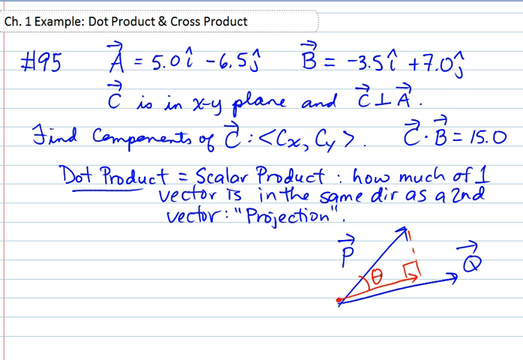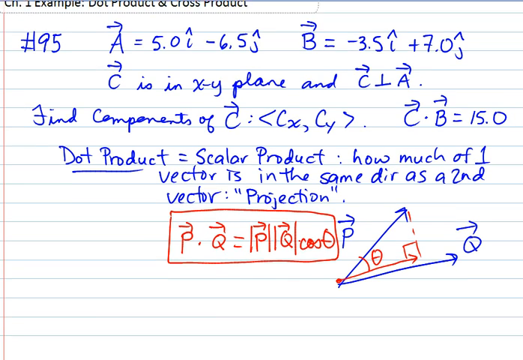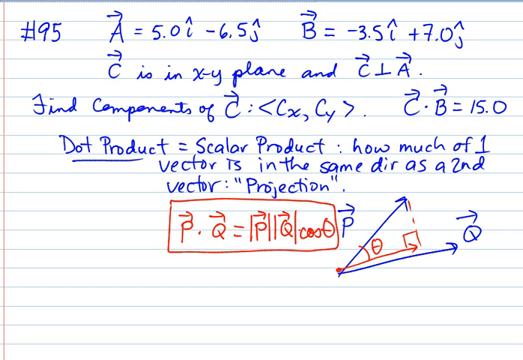Algebraically, P dot Q is equal to the magnitude of P times the magnitude of Q times the cosine of the angle between them. The right side of this is pretty easy. The magnitudes of P and Q we can find from the hypotenuse, if you will.